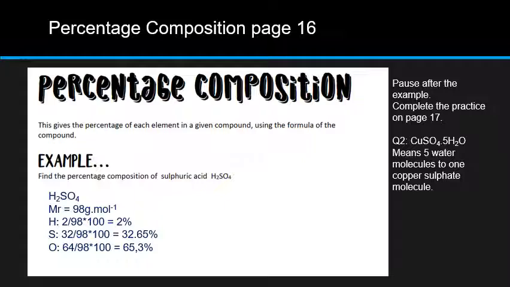All this means is that there are 5 water molecules to 1 copper sulfate molecule. It means that in that particular compound, it dissolves in 5 molecules of water for every molecule of copper sulfate.